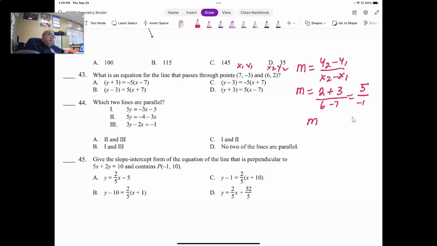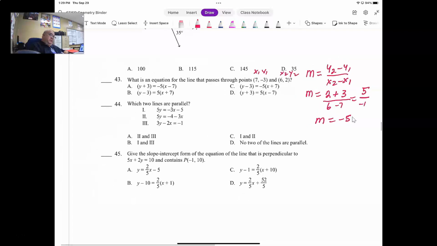So what's the slope? Is the slope negative 5? Remember, I'm going to give you the formula: y minus y1 is equal to m times x minus x1. What are you going to do? That's correct, you're going to substitute.